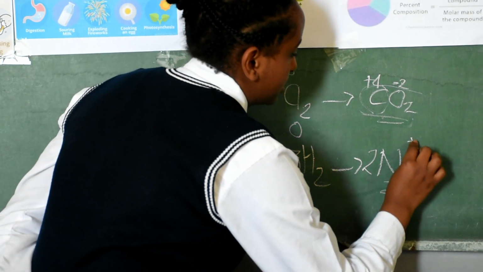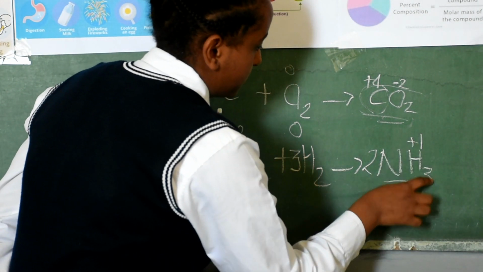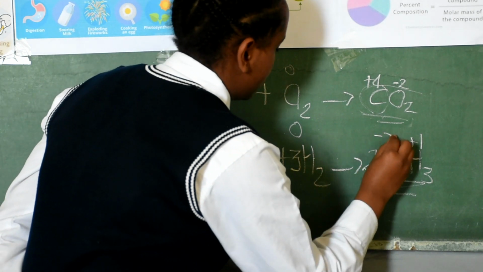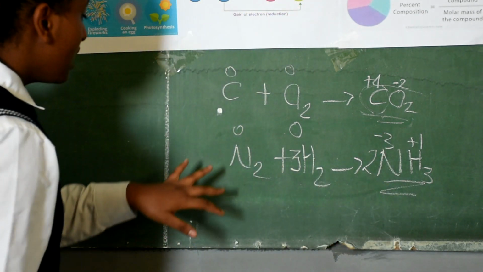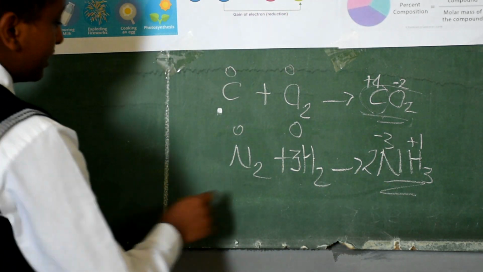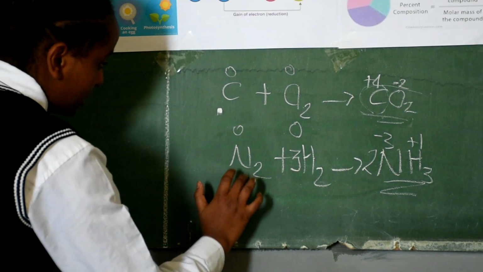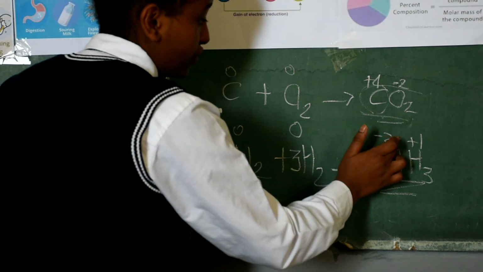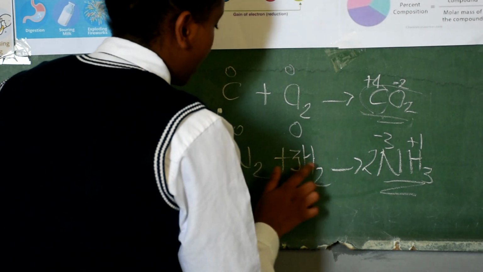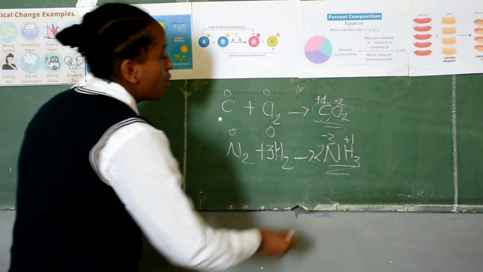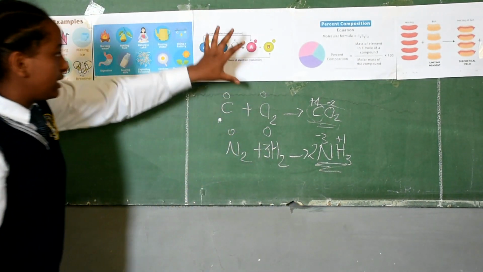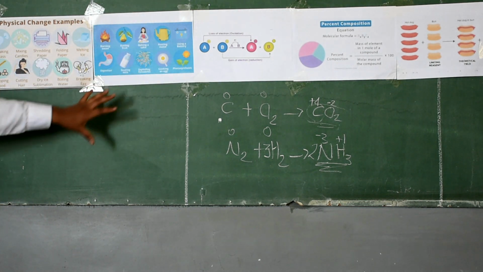This is +1, so this is +3. So nitrogen is -3. So they thought that the oxidation number of nitrogen decreased from 0 to -3, and the addition of hydrogen was the cause of the reduction. That's why they defined oxidation and reduction in this method.